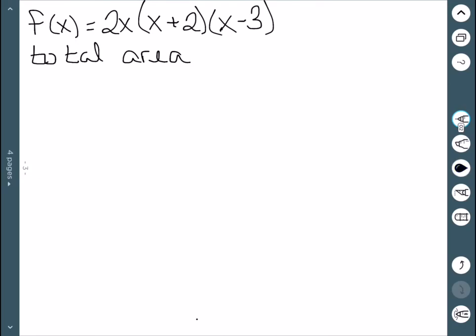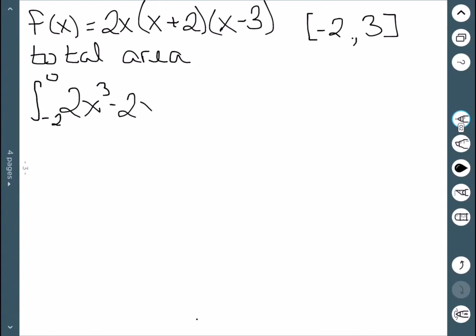Let's do this again, once again between the interval of negative 2 to 3. And this time we want the total area. We had this graph before, and we know that on the left of the graph, in particular between negative 2 and 0, this thing was positive. And once we had multiplied out our function, we had 2x cubed minus 2x squared minus 12x.